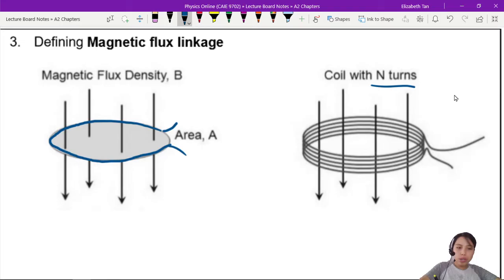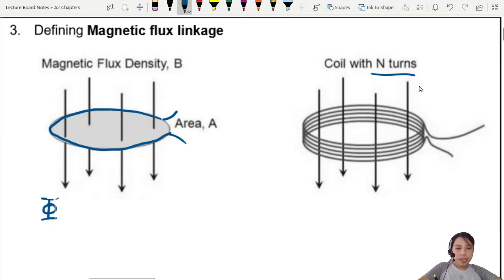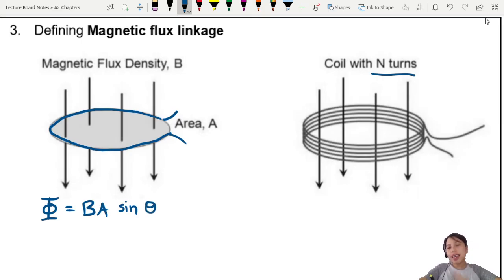So on the left, usually we'll say phi equals BA sine theta. So we write there B, A sine theta. What is theta? Theta is the angle between B and the area. In this case, theta is the angle between the frame and the magnetic field line.